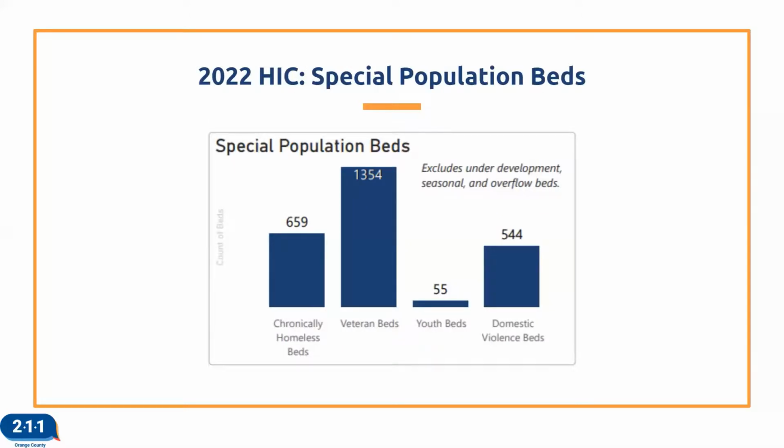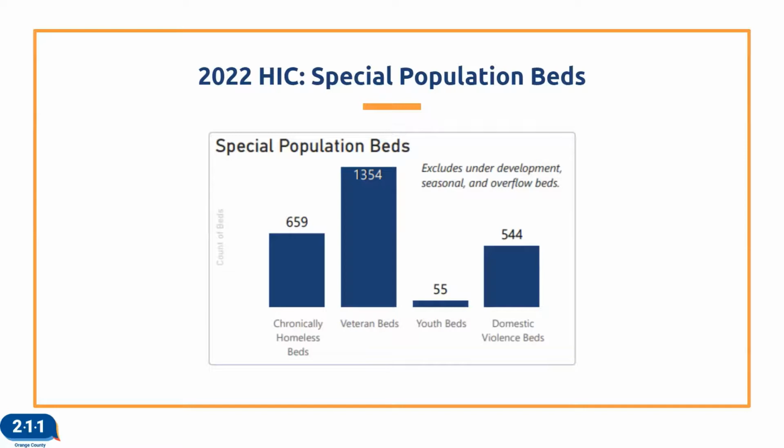This is a quick chart on the special population beds. So for a bed to be counted in any of these categories, it means that the project has to be targeting people in these specific subpopulations, in addition to the client being homeless. So you can see the distribution of beds for different subpopulations.